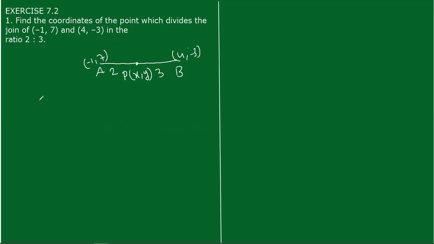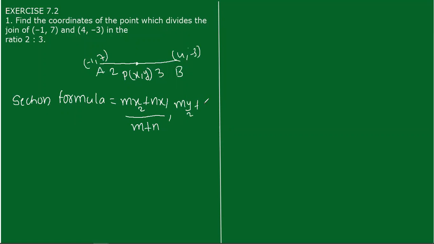So the formula is, the section formula we have to use here: (mx2 + nx1) by (m + n) and (my2 + ny1) by (m + n). In the section formula, actually we have two types.